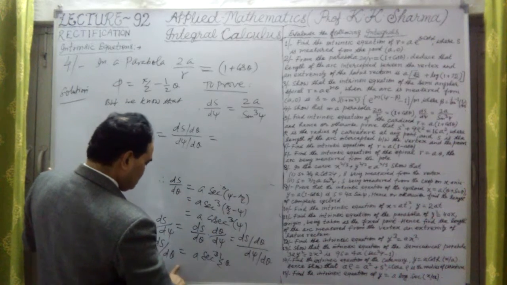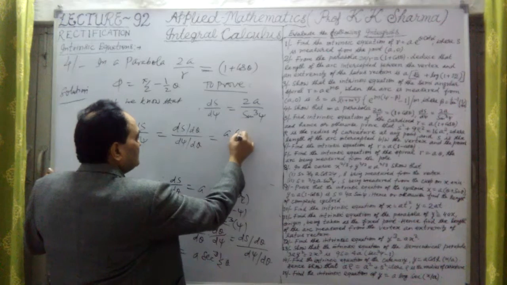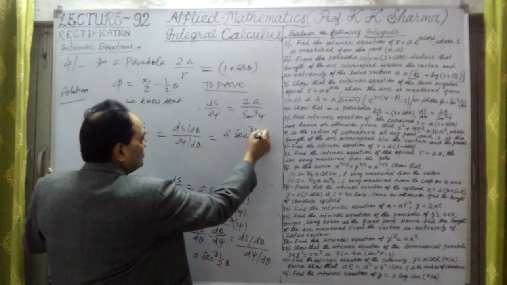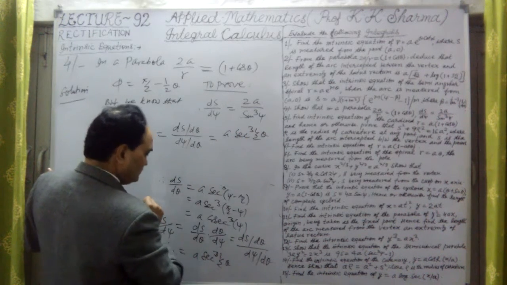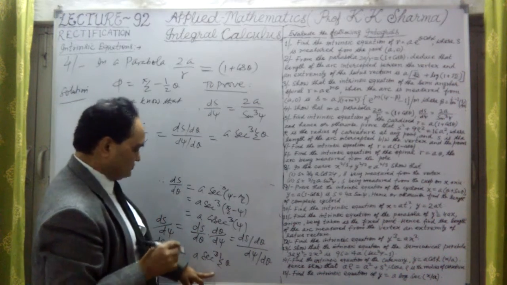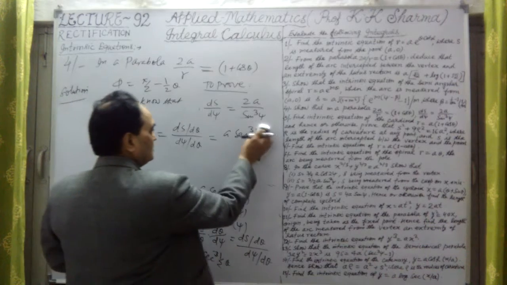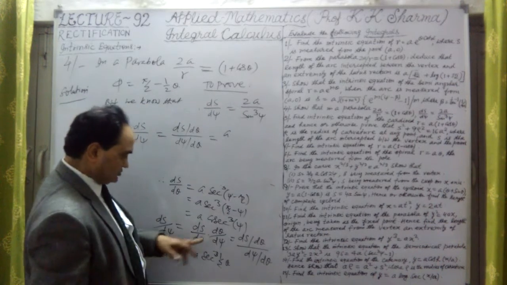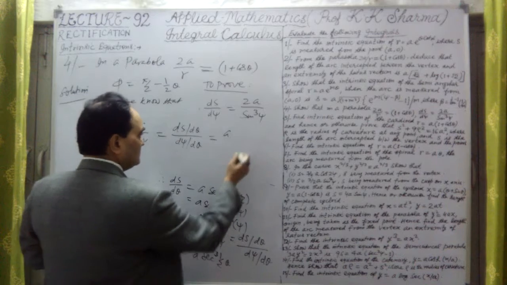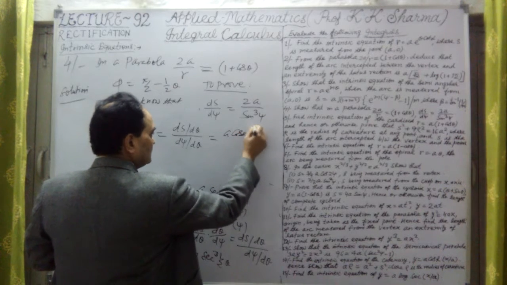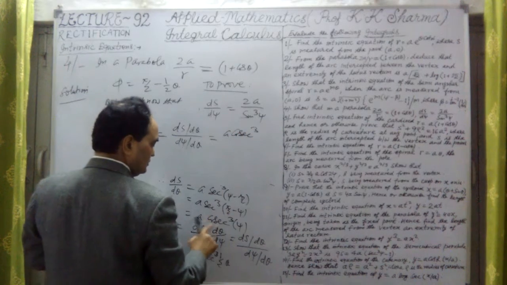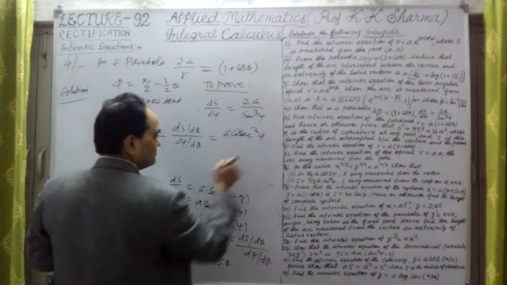ds upon d theta is this cosec expression, but we have to find it in terms of angle psi. This is a cosec cube psi.